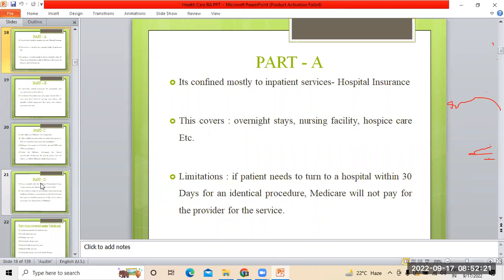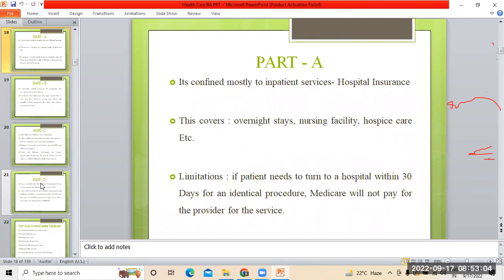Why I'm mentioning this as a limitation: with the same problem, if a person is admitted again within 30 days, Medicare will not provide for the second service. For the first service they will provide, but for the second they won't. This is a limitation you can see under Part A. This is the first one which comes under Medicare. Part A majorly focuses on inpatient services. Again, I'm repeating: inpatient services are whatever hospitalization an individual is admitted for.